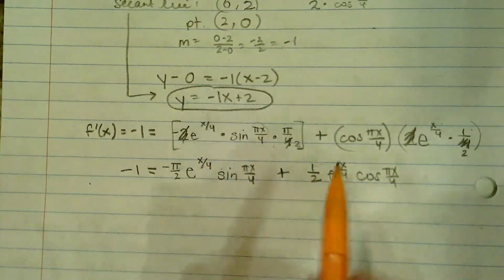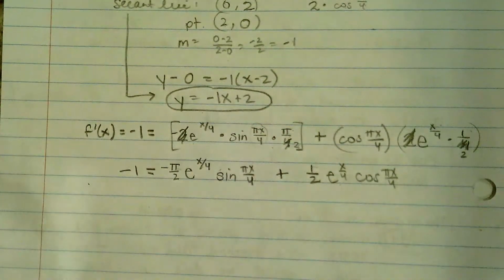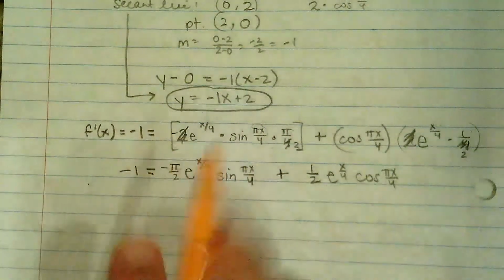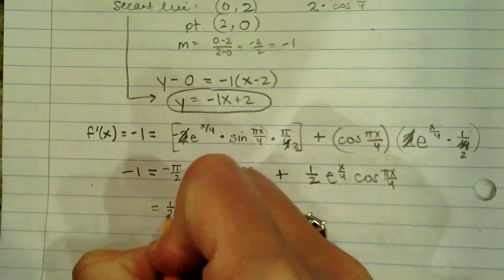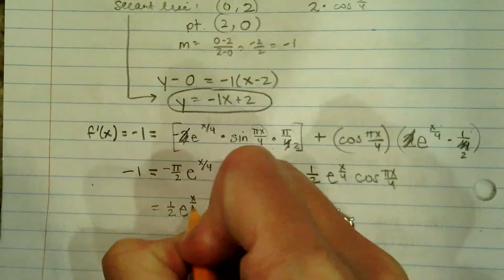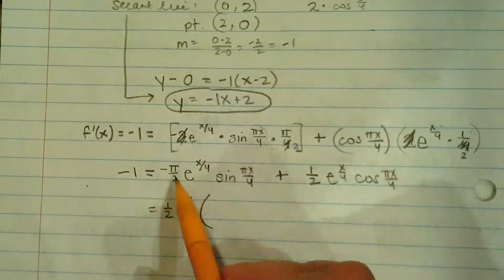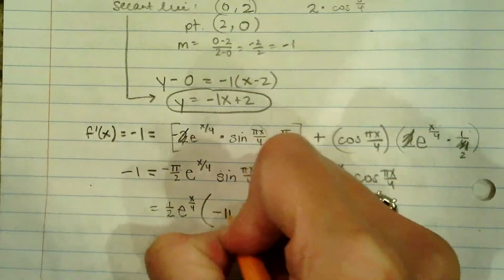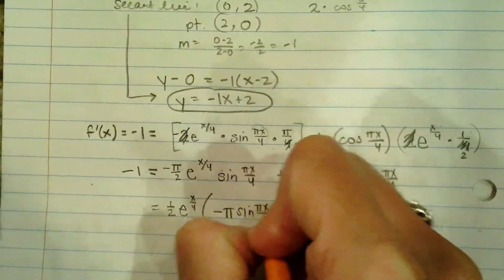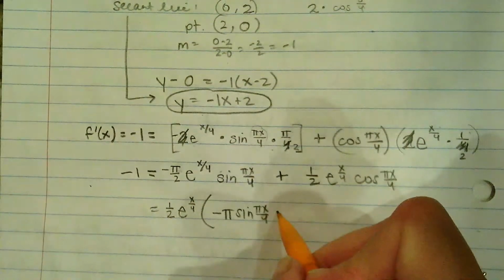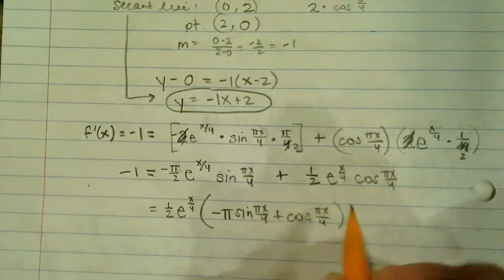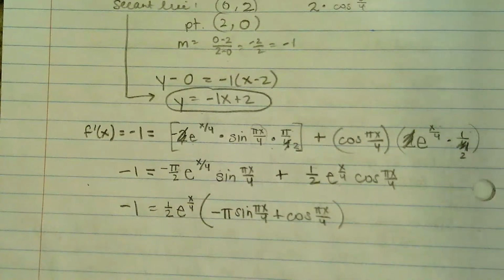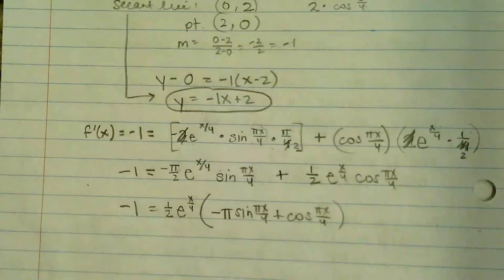If I factored out an e, I could factor out a 1/2 e to the x over 4, and I'd be left with negative pi sine of pi x over 4 plus cosine of pi x over 4. And I want where that equals negative 1. I'm going to say this is impossible to do without a calculator.